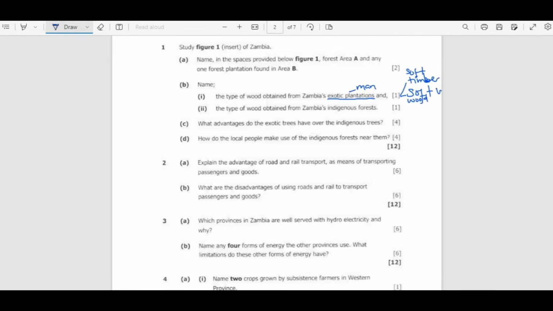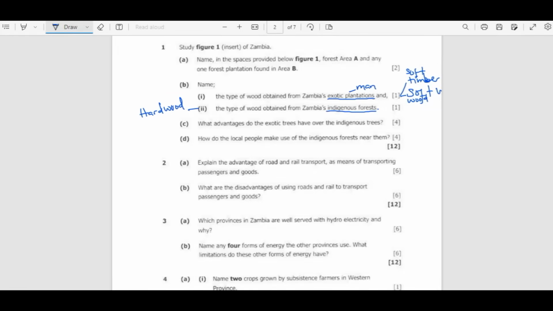Okay, so let us move to the second one, which is indigenous. So indigenous meaning these are naturally grown. These are plants or forests which are naturally grown. So they are referred to as hard timber or hard wood. So that is the difference between the two. Exotic trees, they are soft wood, and then indigenous, they are hard wood.